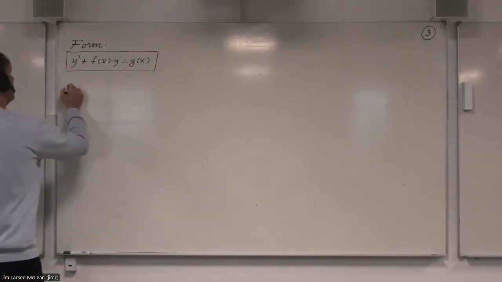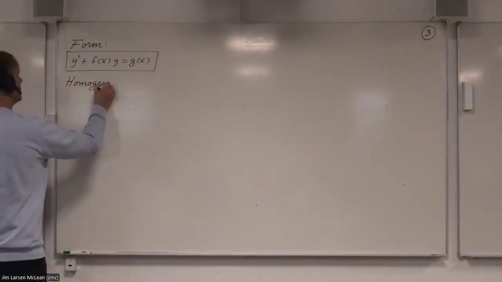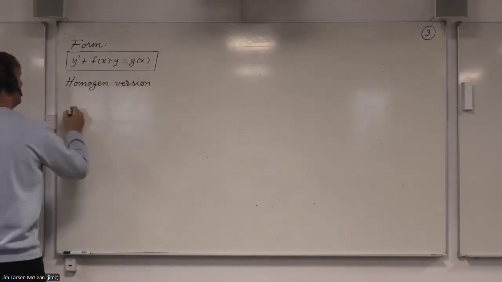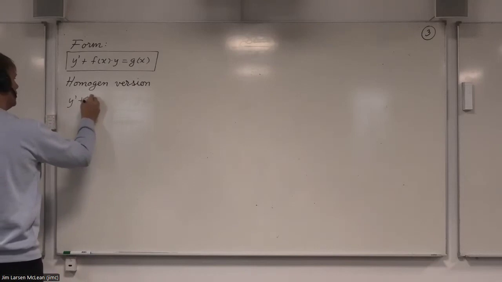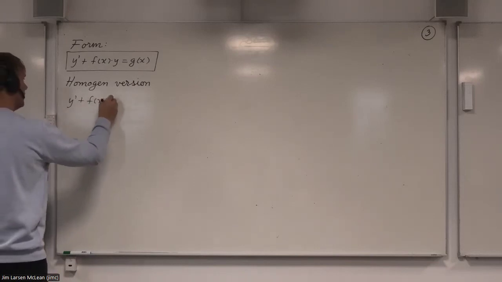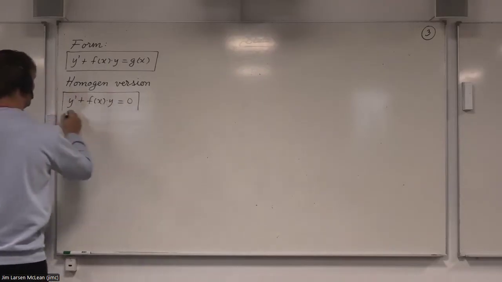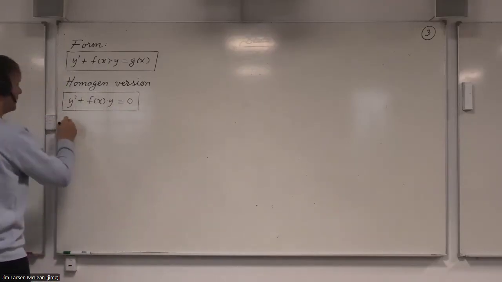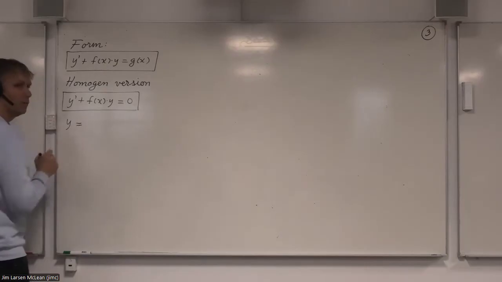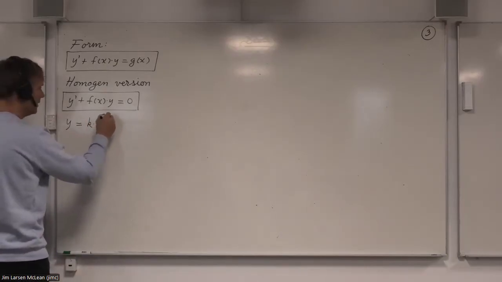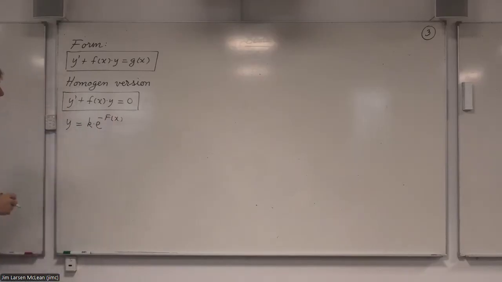Well, then we have a homogeneous differential equation. The homogeneous version looks like this: y prime plus f of x times y equal to 0. And I would like to prove that the solution to this is not the full general formula. It is only the last term. It is just k times e to the power of negative capital F. That is the solution.